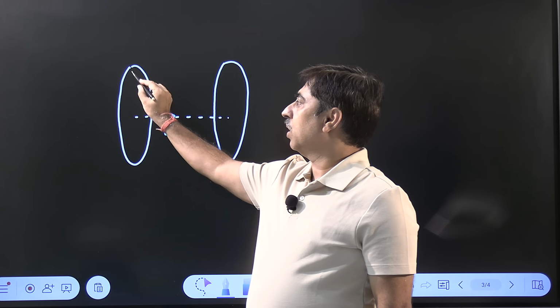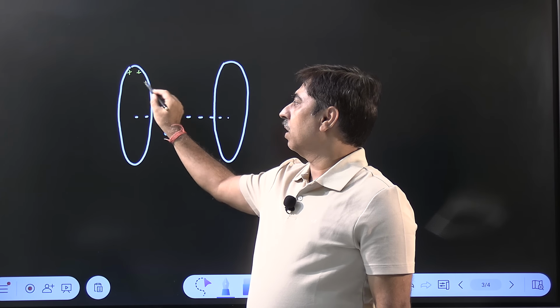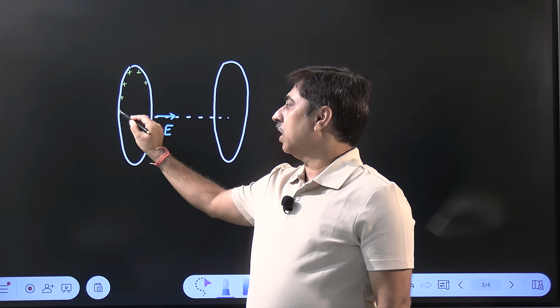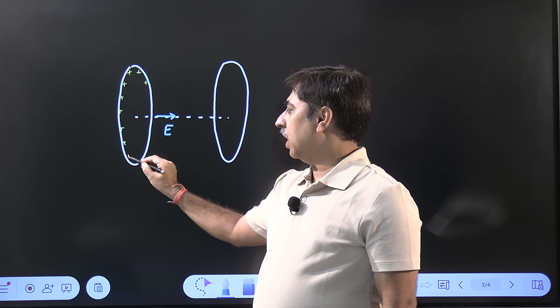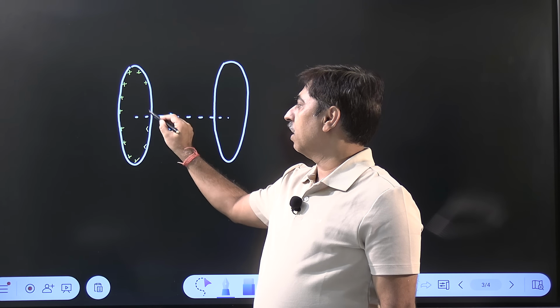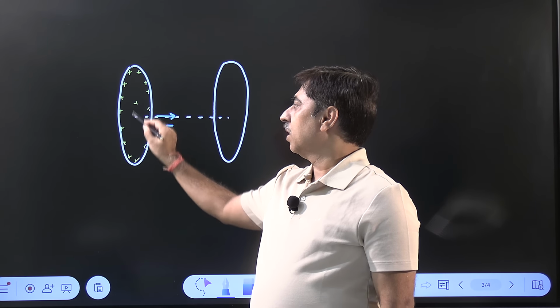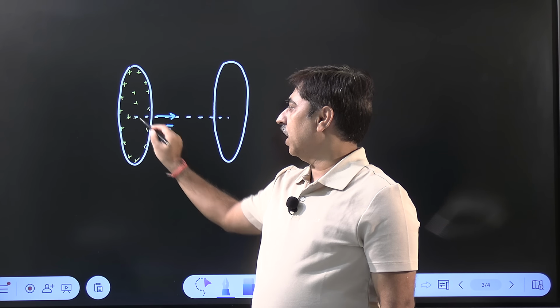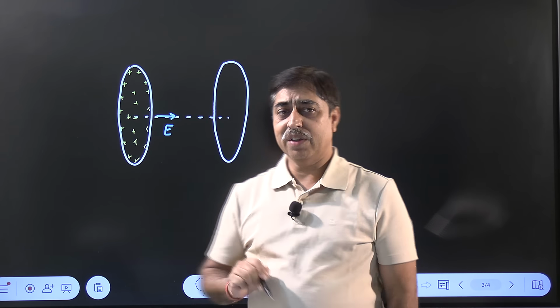Because charges on this plate will repel one another, it is commonsensical to assume that charge density will be higher near the edges as compared to the central region.